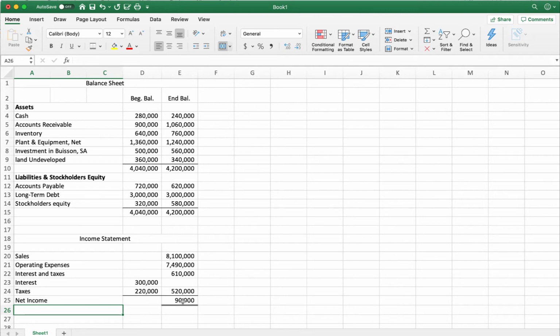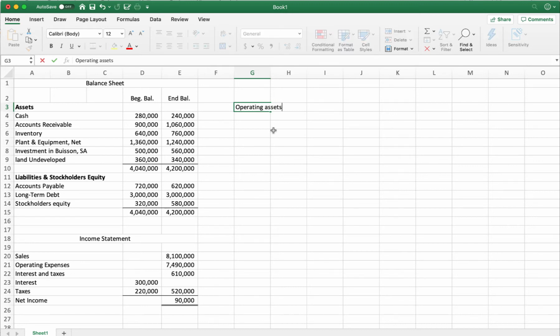Number one asks for the company's average operating assets for last year. Okay. So, in order for us to do this, we need to recognize what our operating assets are. Those are going to be things like cash, accounts receivable, inventory, plant and equipment.